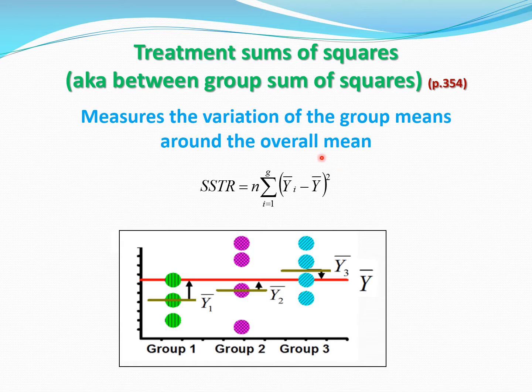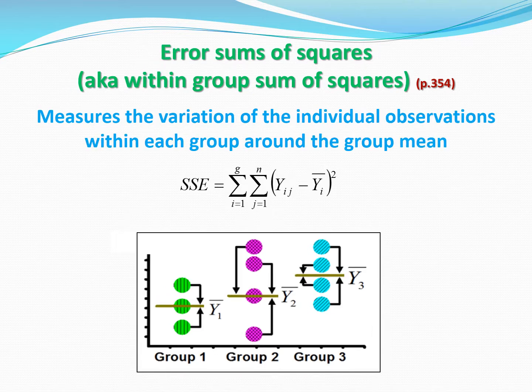For your formula, we will square the difference between the group mean and the overall mean each time. We sum it for all the differences and then we multiply it by n, which is the number of elements within a group, to take into account all the different elements across all the groups.